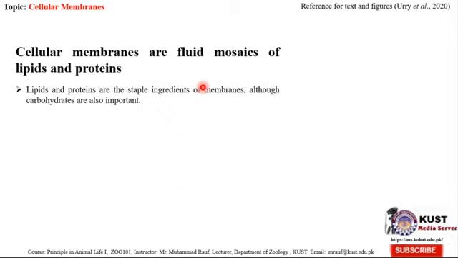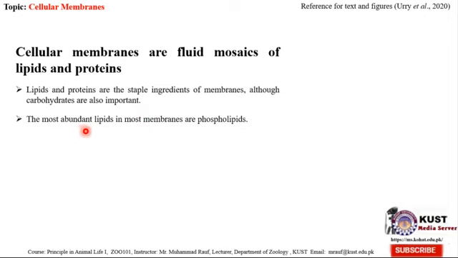Lipid bilayer is, of course, the ground substance of the cell membrane, and different proteins are embedded within this lipid bilayer. So lipids and proteins are the staple ingredients of membranes. They are the two principal components of membranes, although carbohydrates are also important.